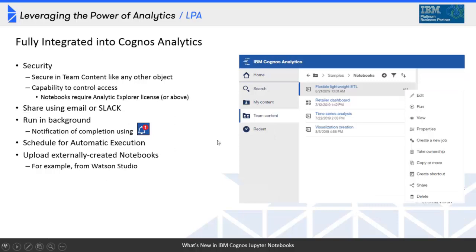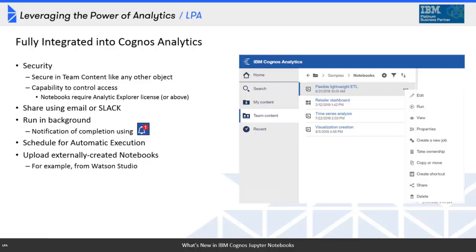So it's not just that you have Jupyter notebooks like you would have outside of Cognos, but this specific Jupyter notebooks implementation is fully integrated into Cognos. If you will, it is a 100% player. So you can secure notebooks in team content or my content. You can secure them in the team content like you can secure anything else. There is a capability that you can secure.